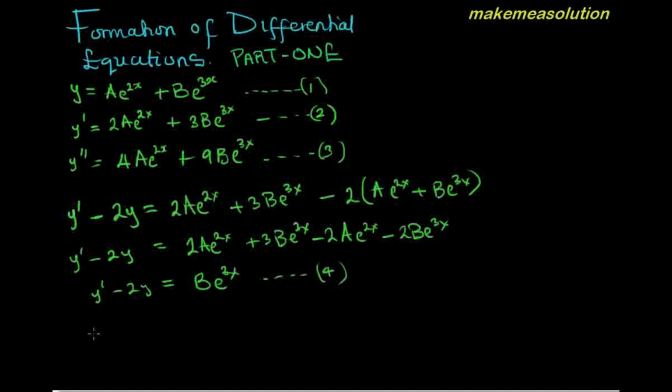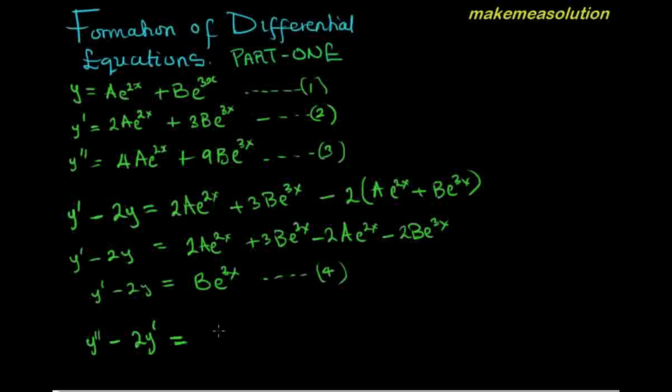Okay, so if you repeat the same procedure by saying y prime prime minus, let me choose the second one, y prime prime minus 2y prime. So if we repeat it carefully by observing the left hand side and the right hand side, you can see that if you multiply y prime by 2, we'll have 4a exponential 2x plus 6b exponential 3x.